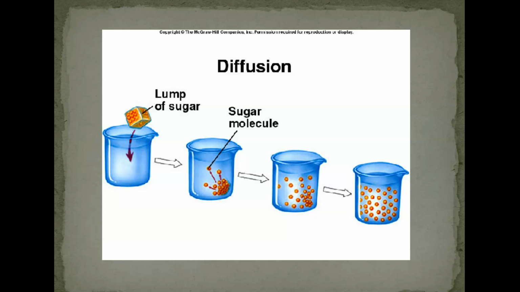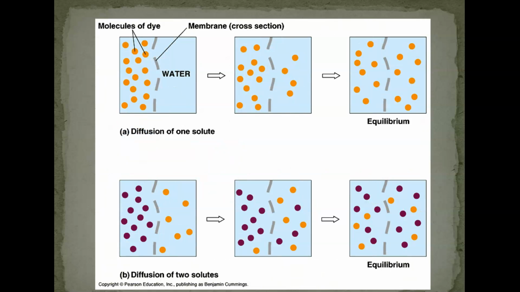So again, diffusion can be used for cells, but it can be used for a lot of other things. This is a great example here. If we drop some sugar into the water, all those sugar molecules are going to be clumped, but then we're going to start to see them diffuse into the water, start moving from where there's a higher concentration to where there's a lower concentration, until we see that equilibrium being matched. Same thing here.